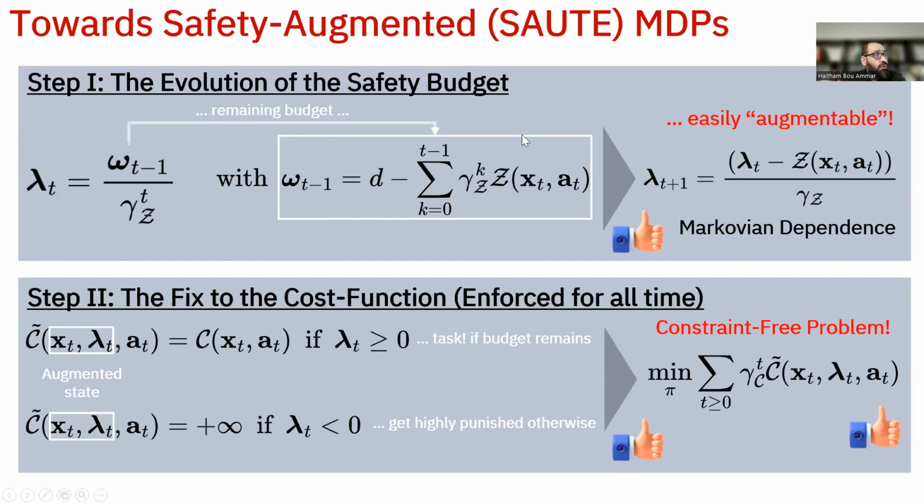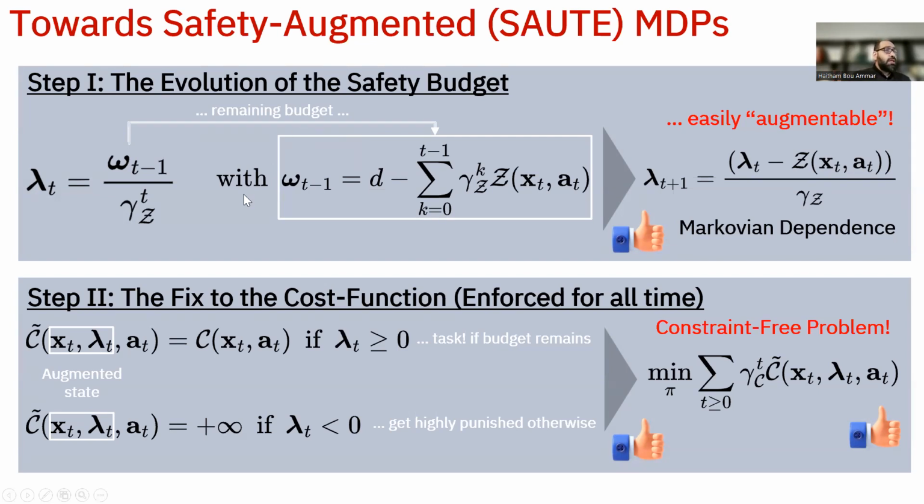So this term counts all the mistakes I've done so far with respect to this cost, with my gamma Z. That's the total cost I accumulated in terms of constraint, the total constraint cost or total safety cost. And then I take D, which is my total budget, and subtract from that, and that's the remaining budget I have.